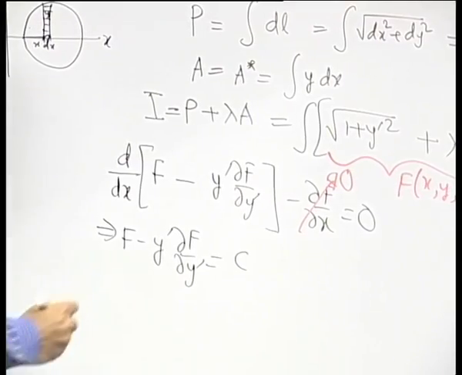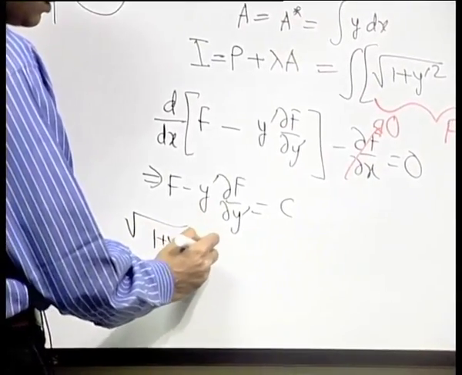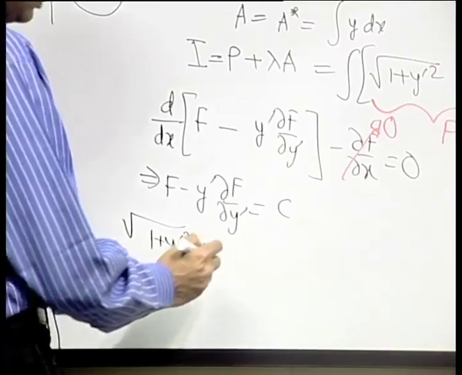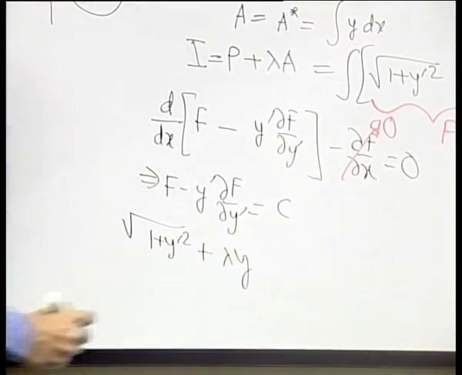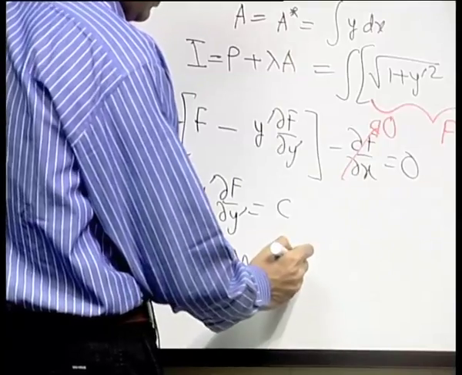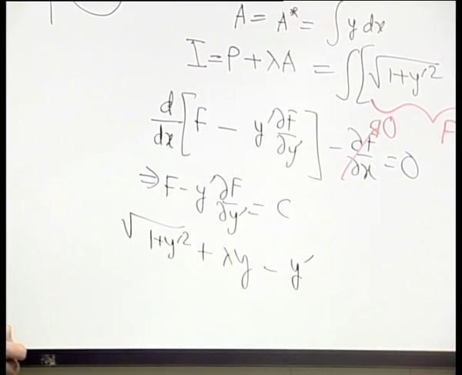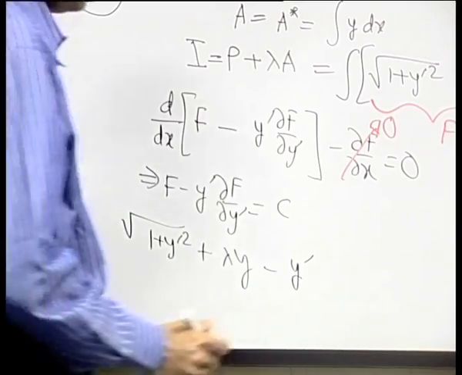So, let us write that square root of 1 plus y prime square plus lambda y minus y prime into del f del y prime.